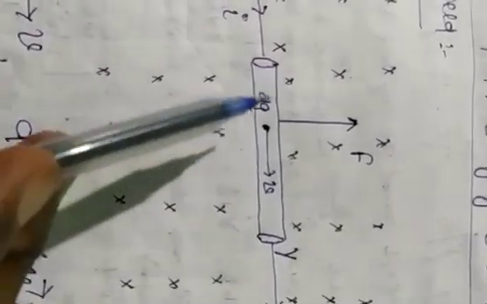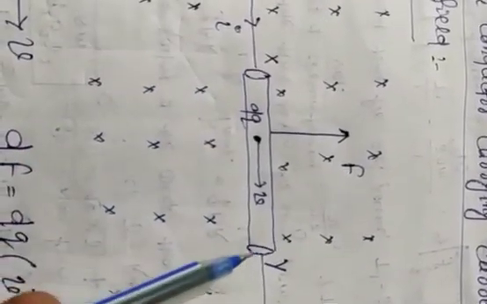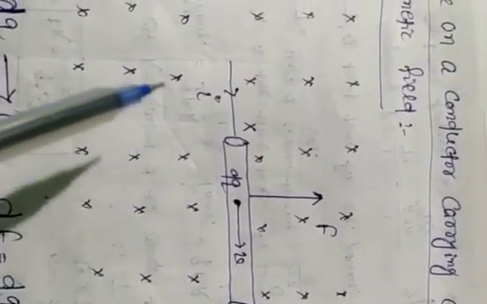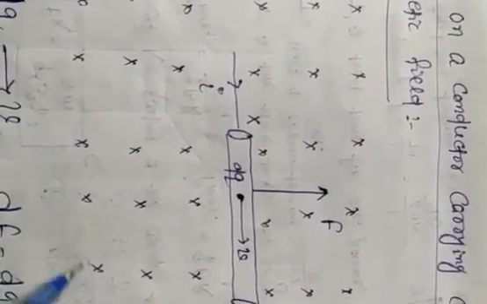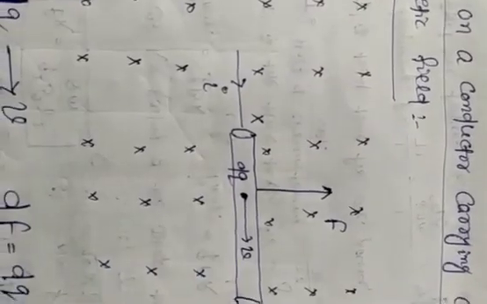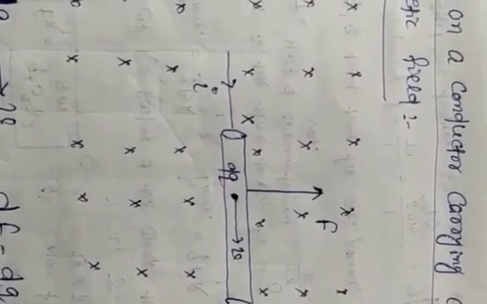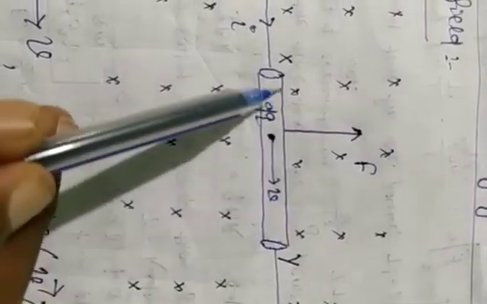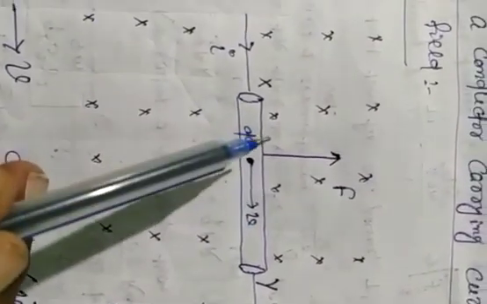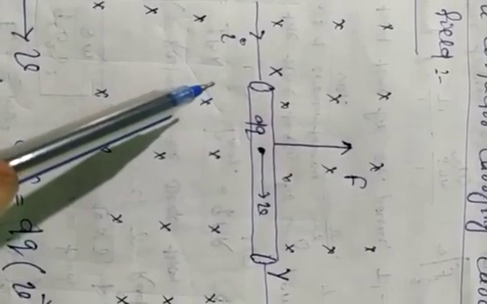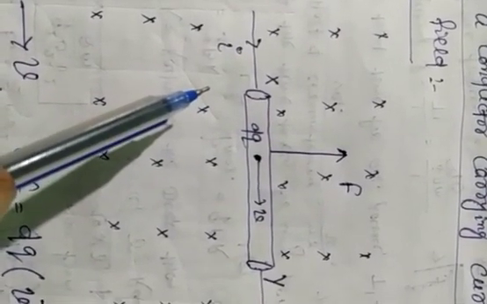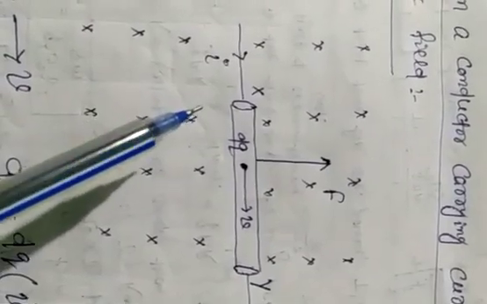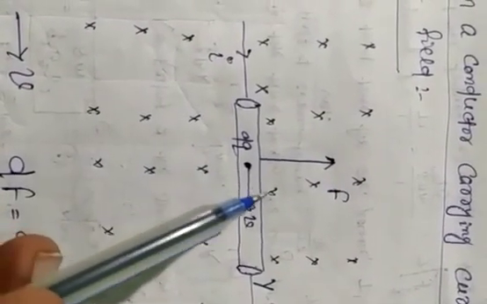Whenever a conductor carrying current is placed in a magnetic field and that magnetic field is uniform, then a force is exerted upon this conductor. Now we have to calculate the amount of force upon the conductor.